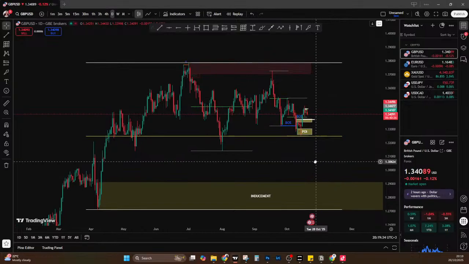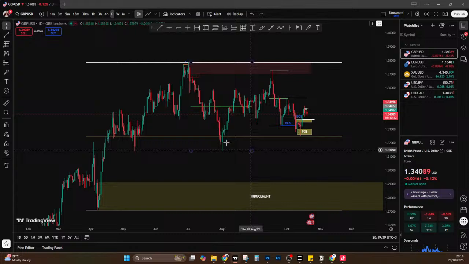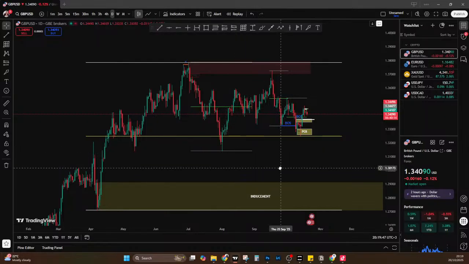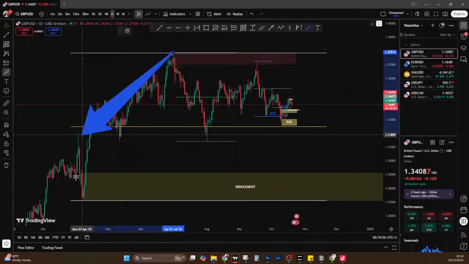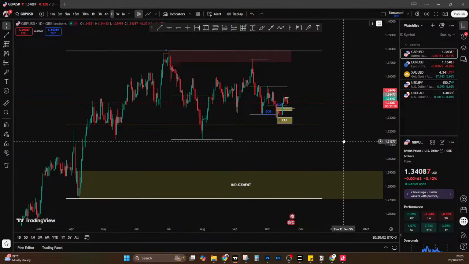So what you are seeing here is that this is what we are targeting, that the market is coming to take. It is coming to take this low. So what do we do? Right now we know from the trading range, this trading range here, from here to here, we know that we are supposed to be selling.